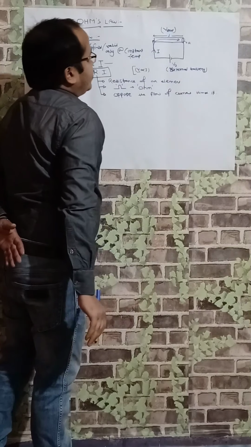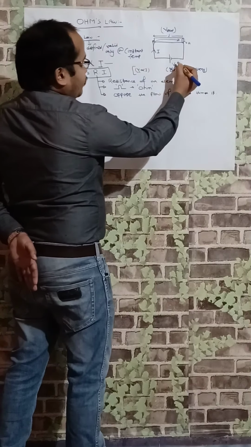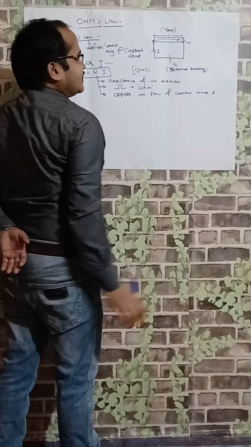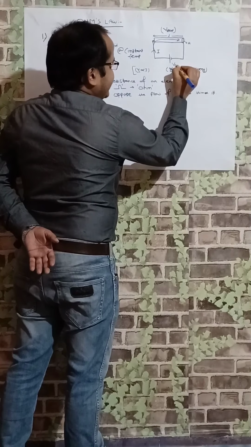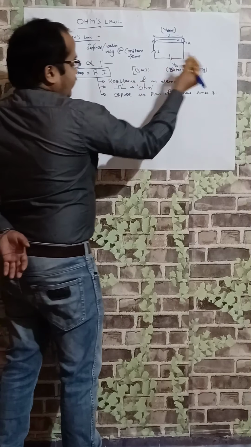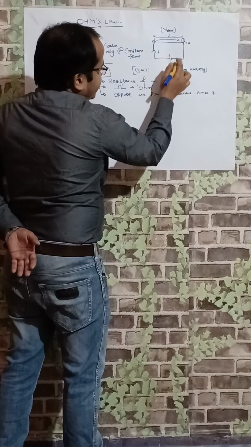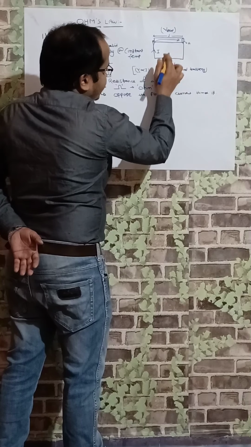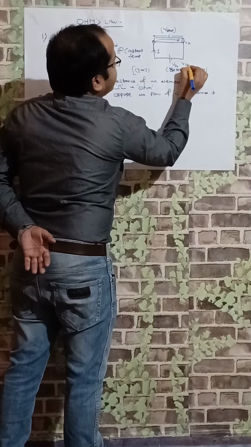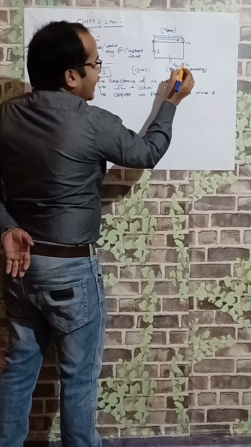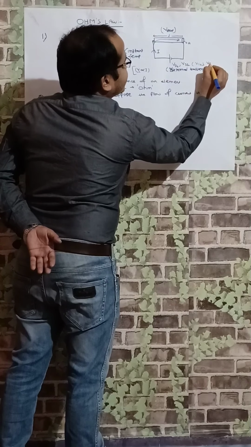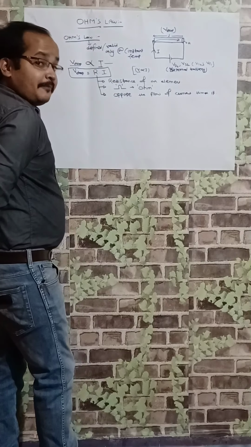This voltage is Vs, the external voltage. Let us suppose this is Vs1. Now, if we replace this source voltage with some Vs2, and Vs2 is greater than Vs1, then what will happen?